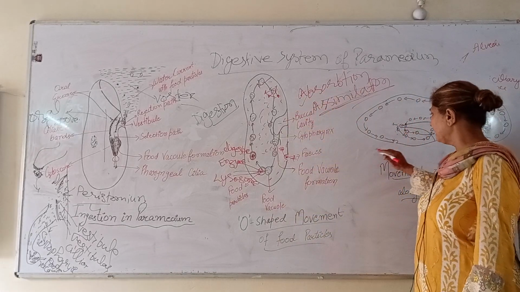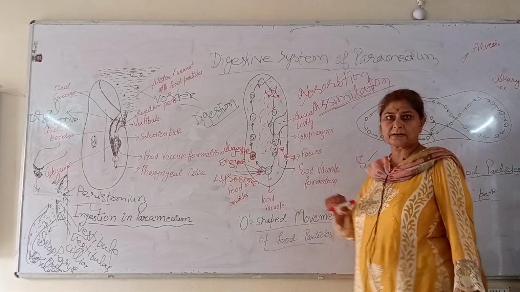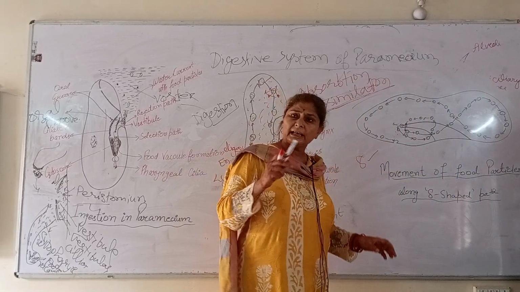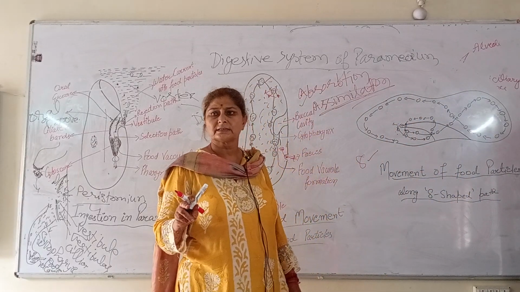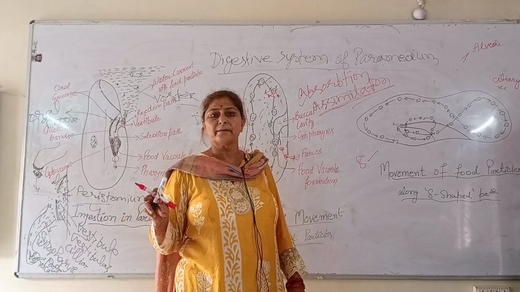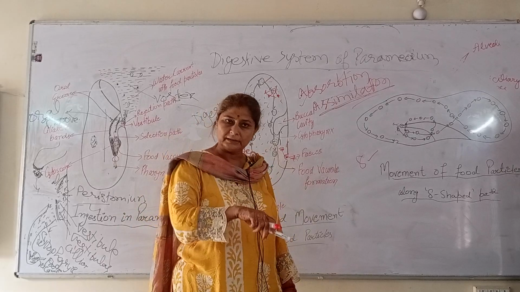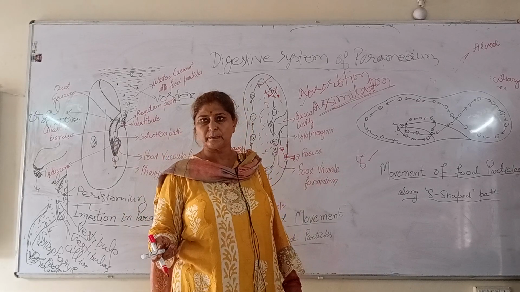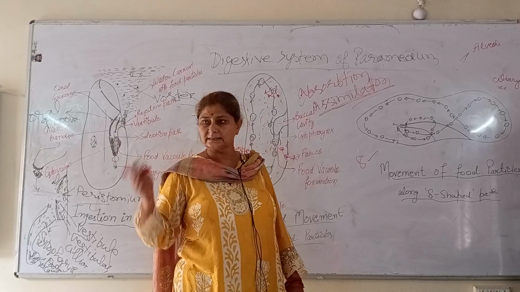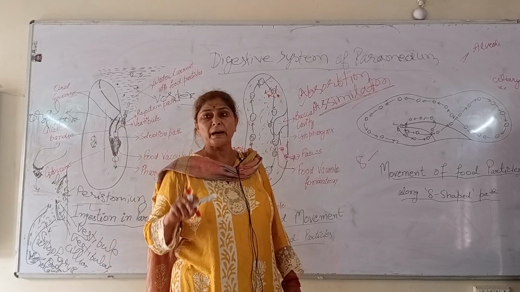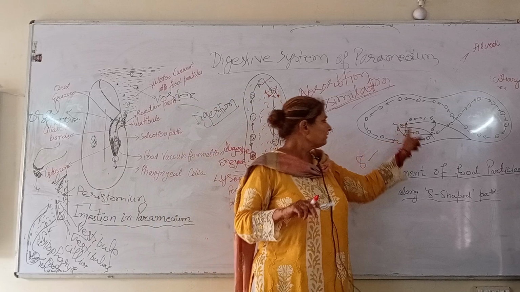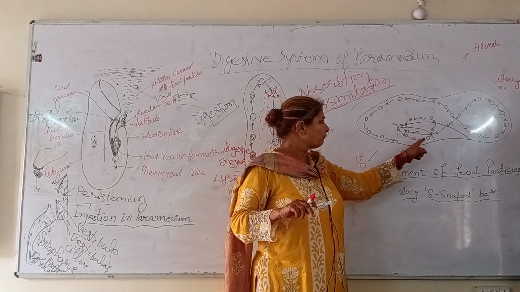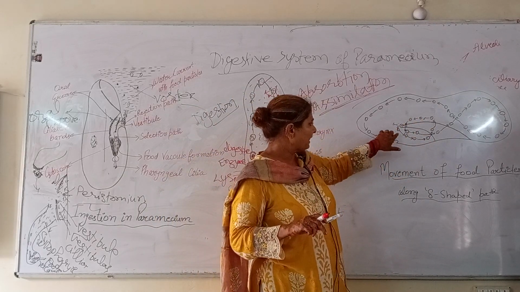In the second case, in the case of the egg shape, digestion is the same process. Absorption is the same process with the help of lysosomes. Digestion takes place, absorption is there, assimilation is there. But the path travelled by the food vacuole is like this.